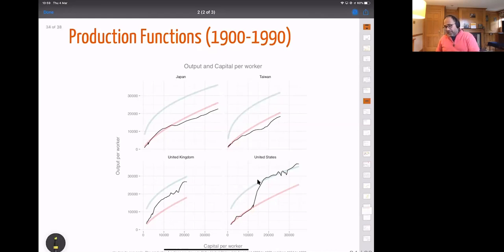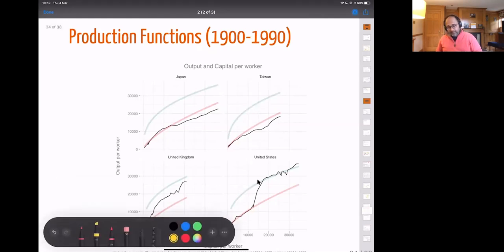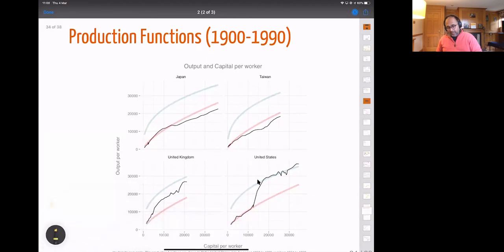So the red line here is the United States, and the blue line is the later production function of the United States. So the United States jumps, the early part is shown by a red line, and the later part is reflected by a blue line. And I've replicated the red and blue lines in all other diagrams.